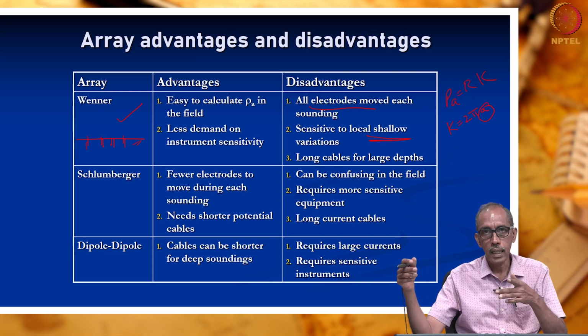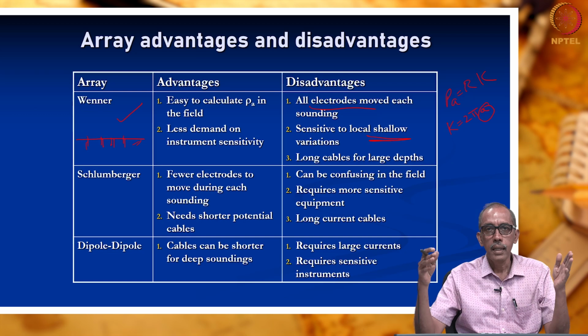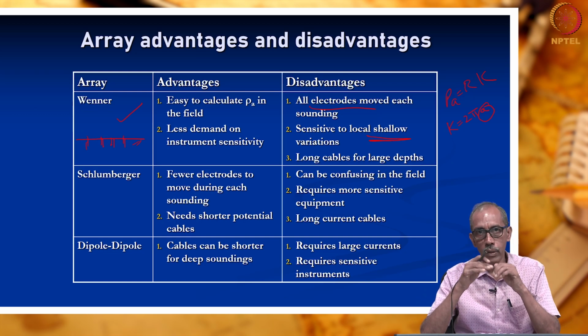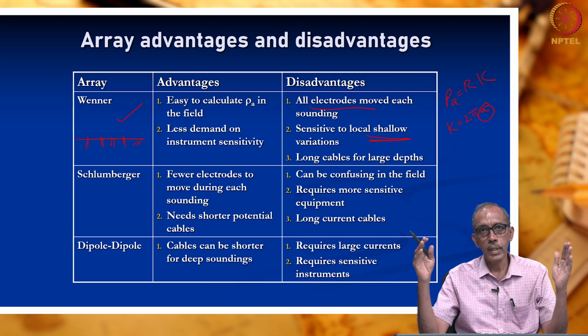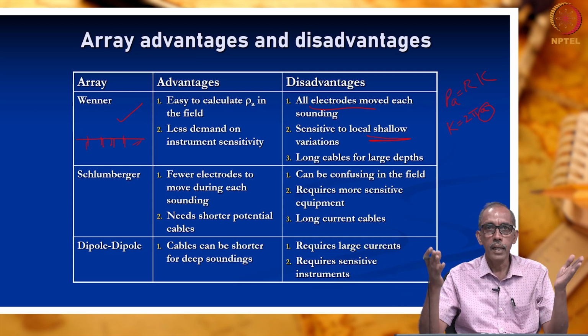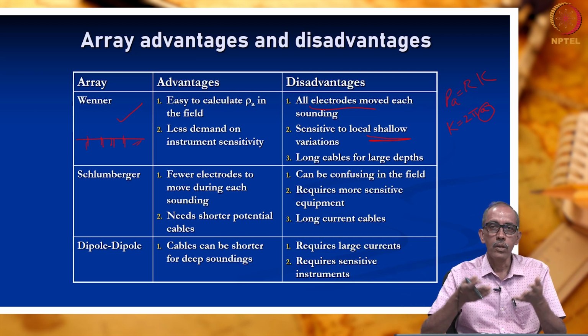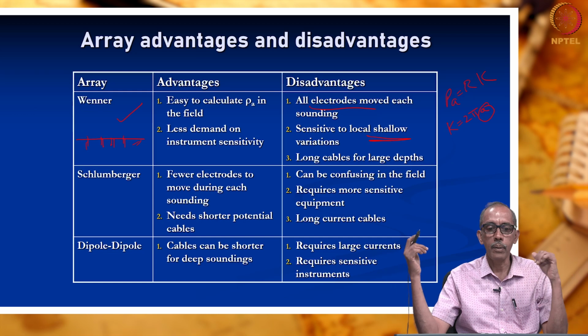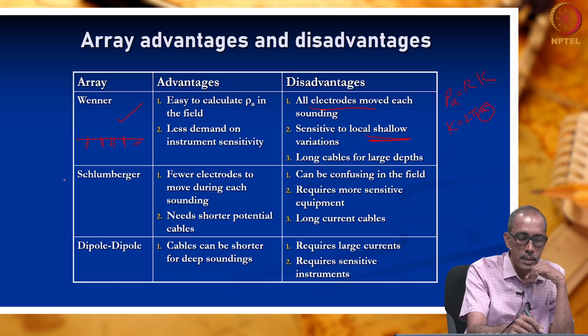Why, we will understand a little later, because the depth of investigation is proportionate to the distance between the electrodes. If you keep the electrodes at greater distance, depth of penetration will be more. So, when you want to understand something at greater depth, then we need to use long and lengthy cables.